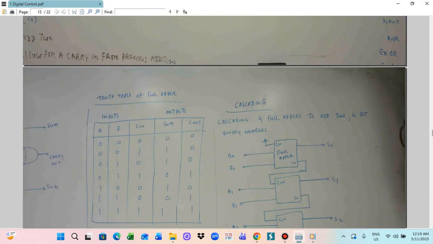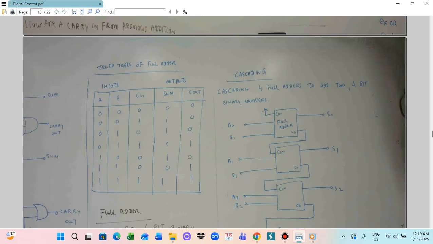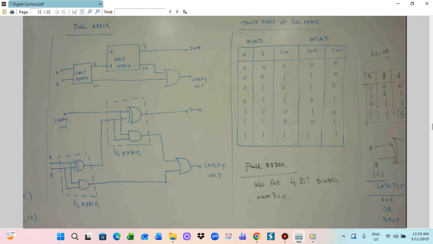This is XOR here, and this is also an AND gate. This one is A, this is B. And this one we get the carry in.